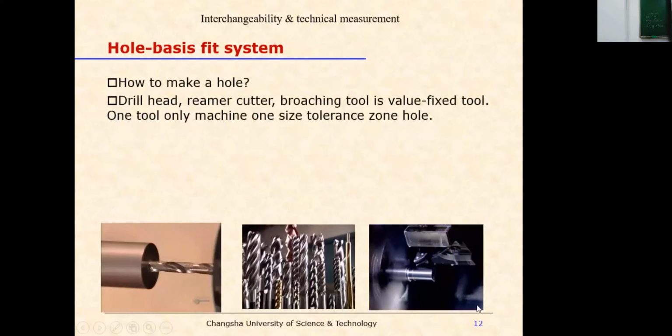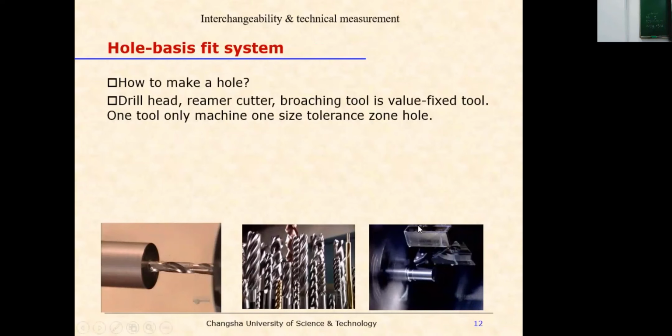So how to make a hole? Drill head, reamer, broach, fixed-size tool, right? One tool only machines one tolerance of hole, because it's a drill. So one drill just drills the same diameter hole, right?